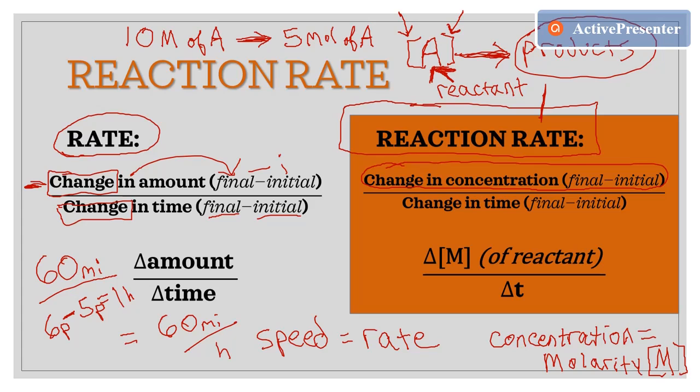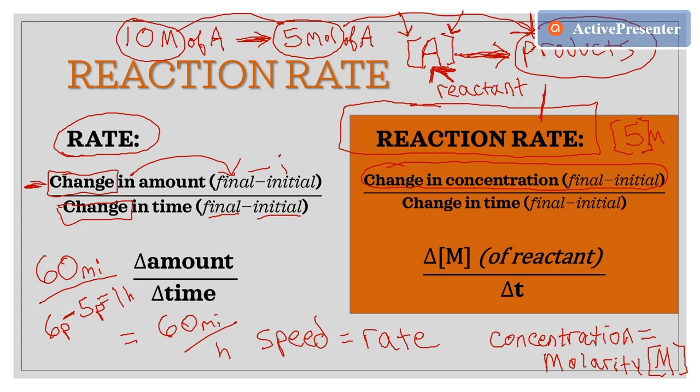So the change in the concentration, from our example, the 10 moles or the 10 molarity turning into 5 moles or 5 molarity because the other 5 went off and became products. So the change in concentration in this example would be 5, and that's 5 molarity, but we're just going to put 5 with brackets around it.